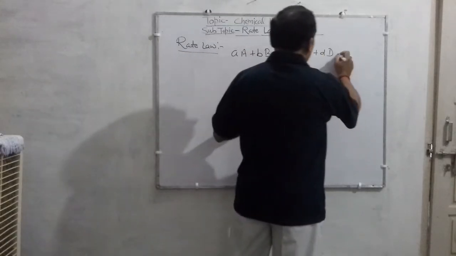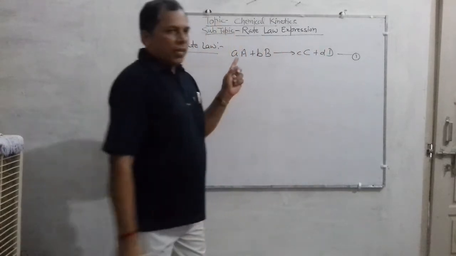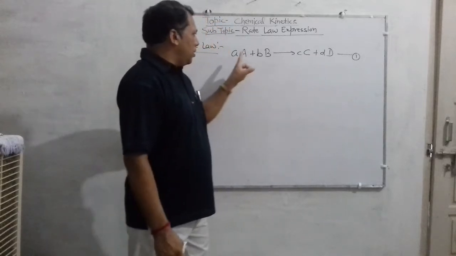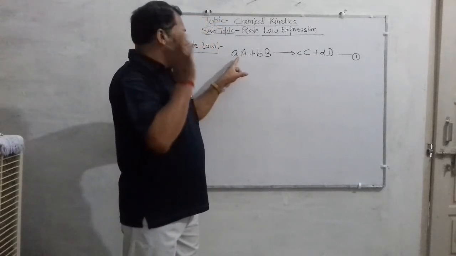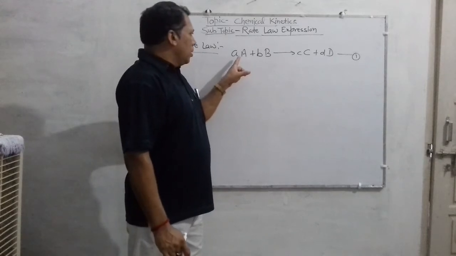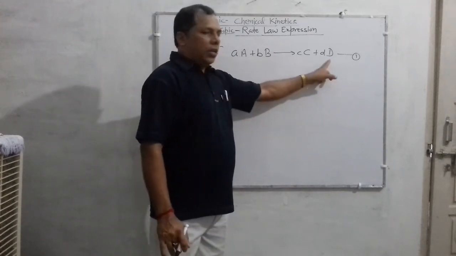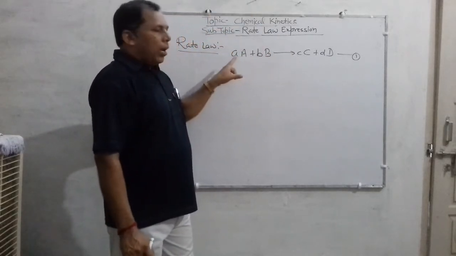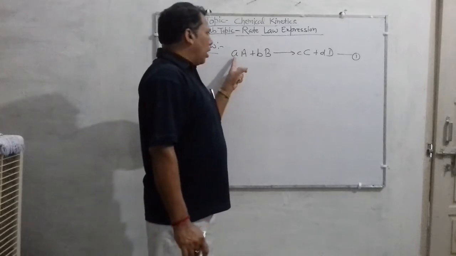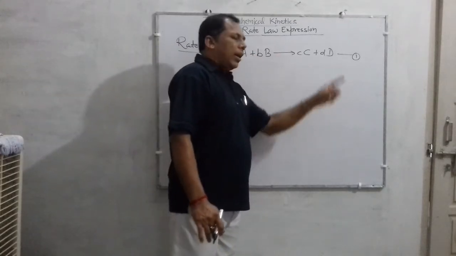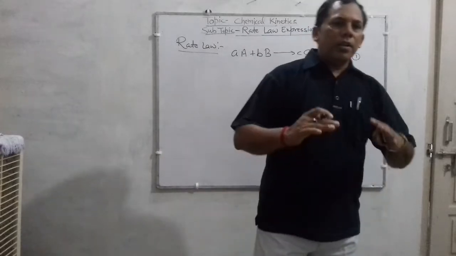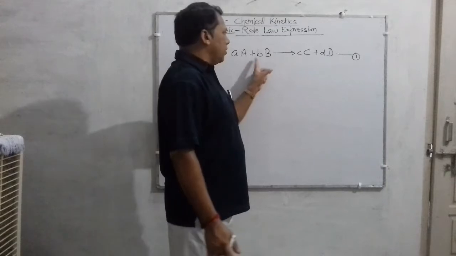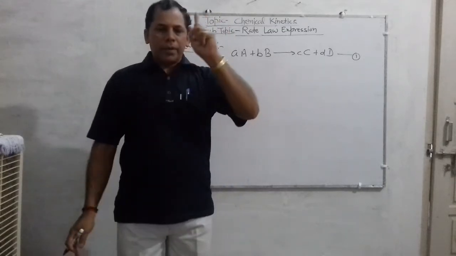Listen children, the small letters a, b, c and d are called stoichiometric coefficients of the reactants and products respectively.